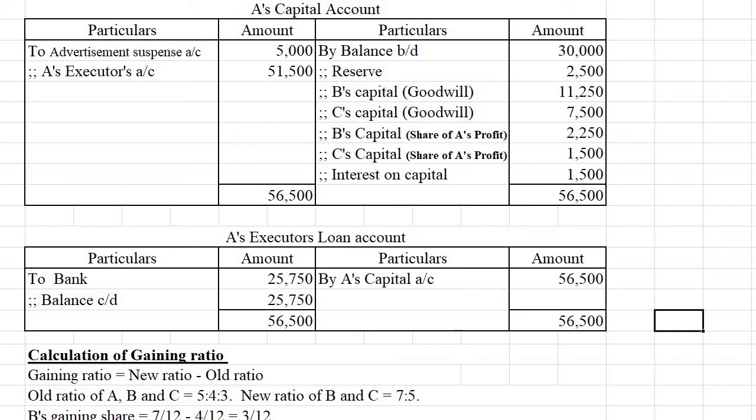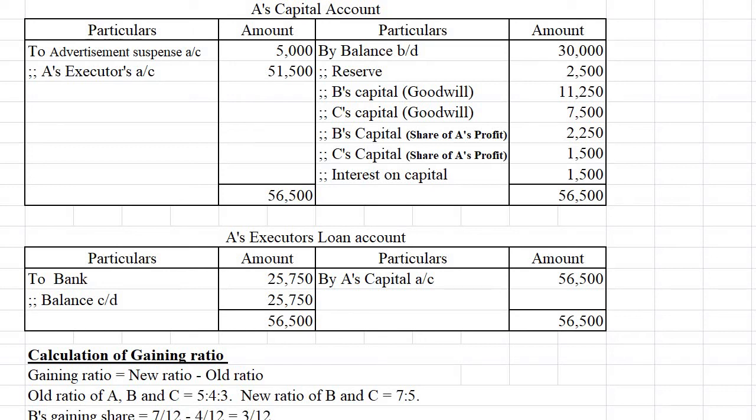You have to remember the speciality is that the continuing partners' share of profit is different from their old ratio. Okay, in such a situation, instead of generating profit and loss suspense account, we have to transfer those amounts, that is, the deceased partner's share of profit up to his date of death, to the remaining partners' capital account.